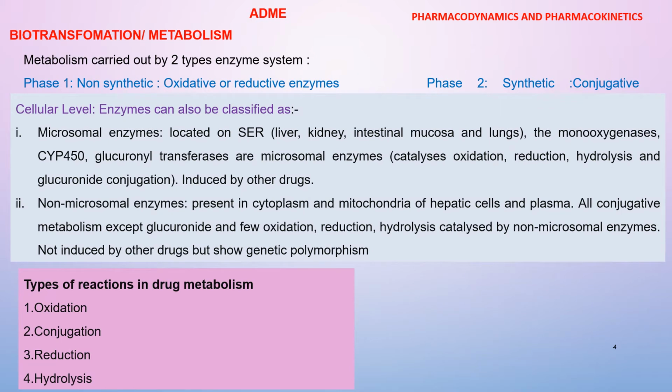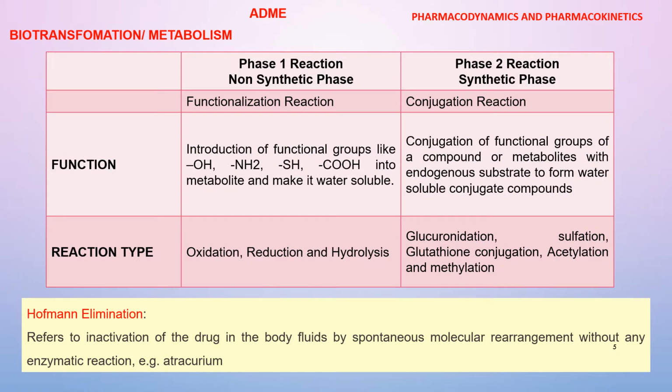Drug metabolism involves many enzymes which are involved in either oxidation, reduction, conjugation, or hydrolysis reactions. The table here summarizes phase 1 and phase 2 reactions that occur for drug metabolism in liver.